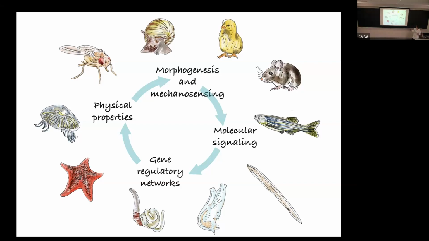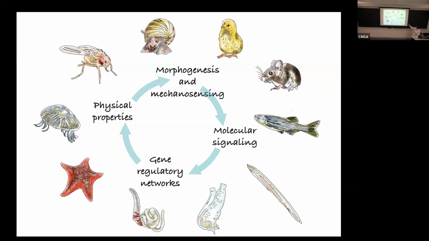And so in this view, when you want to think about how this process is changing during evolution, whatever change you make in any part of the circle will have effects on the whole thing, right? And so which part of this we focus on depends very much on our own inclinations and what we find most interesting about this process.